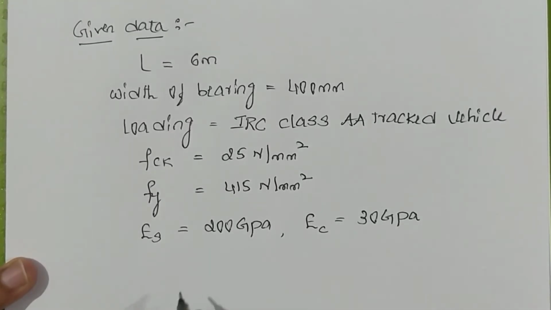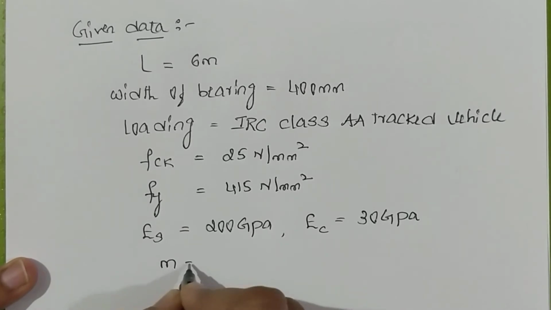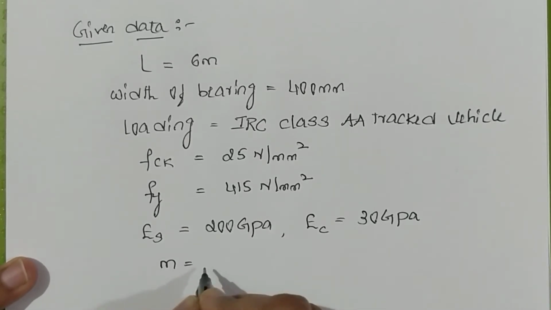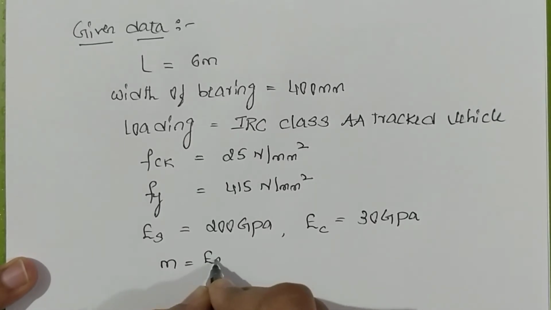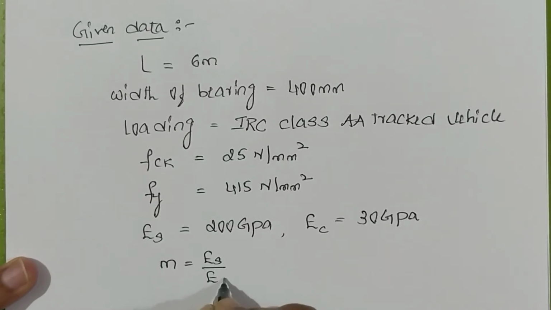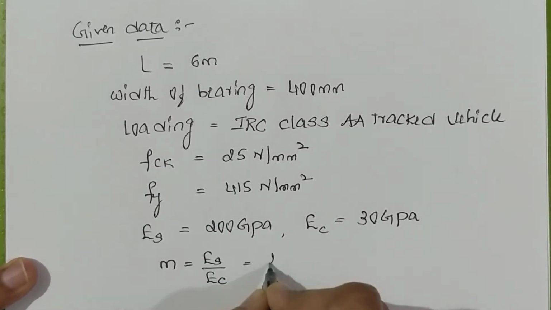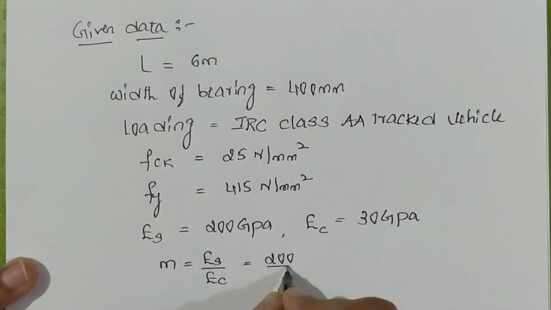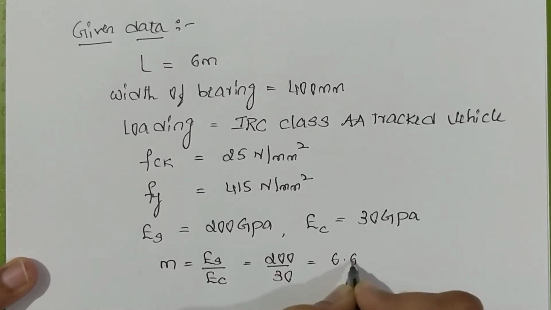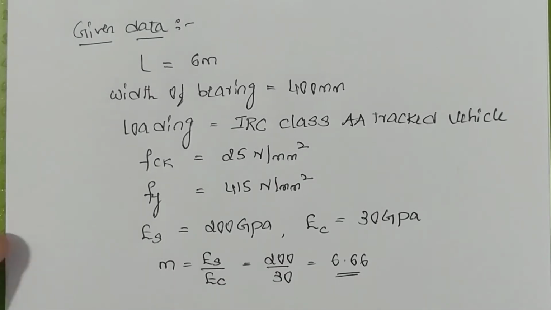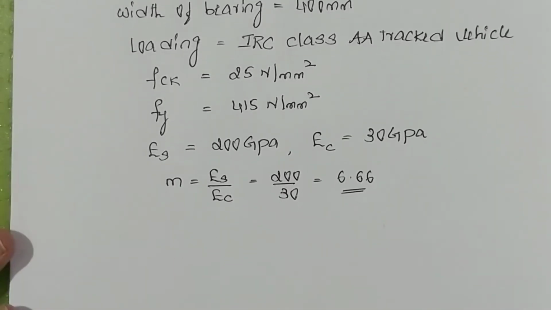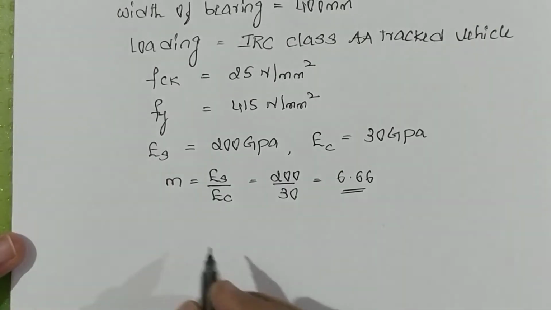Then calculate the modular ratio, it is the ratio of two moduli of elasticity, that is Es divided by Ec, that will be equal to 200 divided by 30. You will get an answer that is 6.66. These are all the given data.